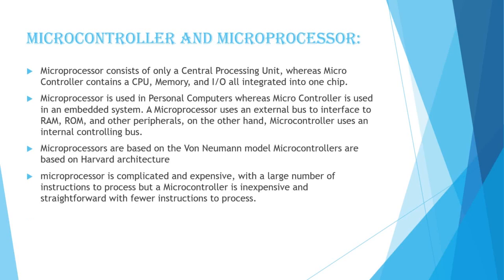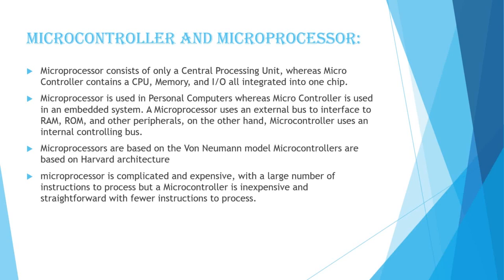So let us start with the microcontroller and microprocessor. Microprocessor consists of only a central processing unit, whereas microcontroller contains a CPU, memory, and I/O all integrated into one chip. Microprocessors are used in personal computers, whereas microcontrollers are used in embedded systems. A microprocessor uses an external bus to interface to RAM, ROM, or other peripherals.